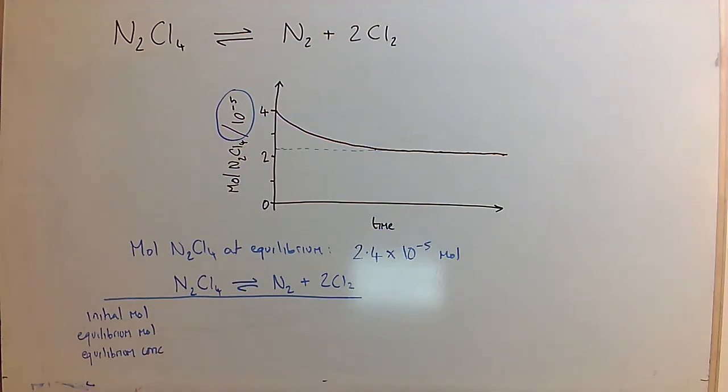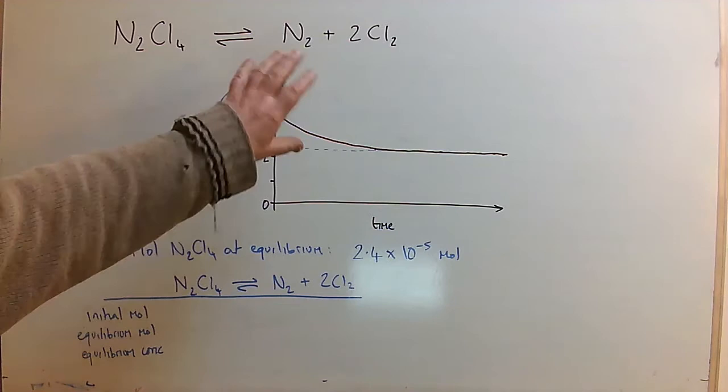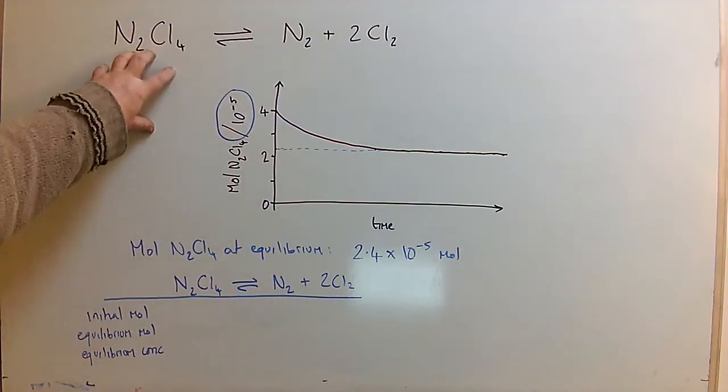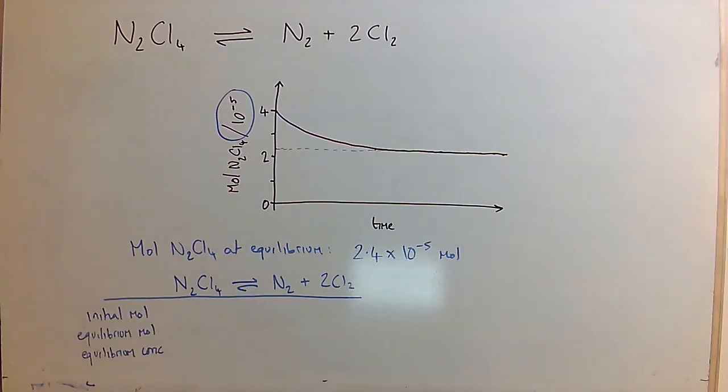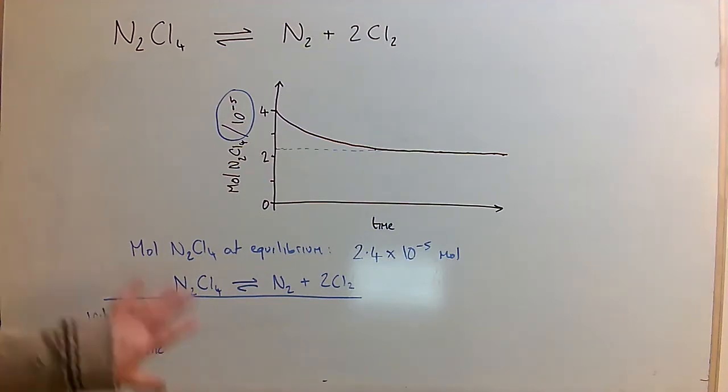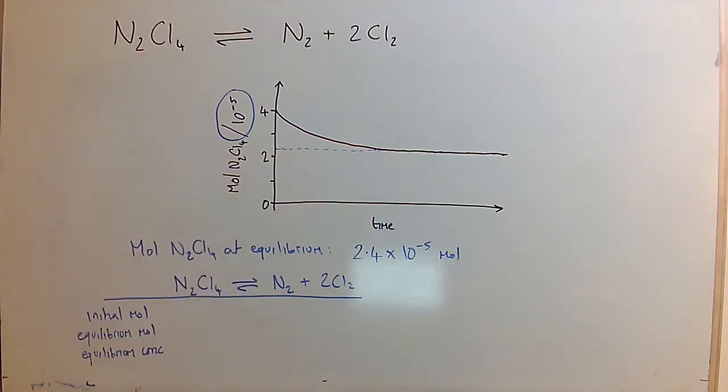And that was really the key to this question, is just to have done enough practice that you think, yeah, I know how to do these problems, where I know what my initial composition is because it's just that. I've got 4 times 10 to the -5 moles of that, so I know what I've got at the beginning, and I know something about what I've got at equilibrium. I can set out the table, and that gives me everything. The more you practice, the more obvious to you it will be that that's the way to do it.